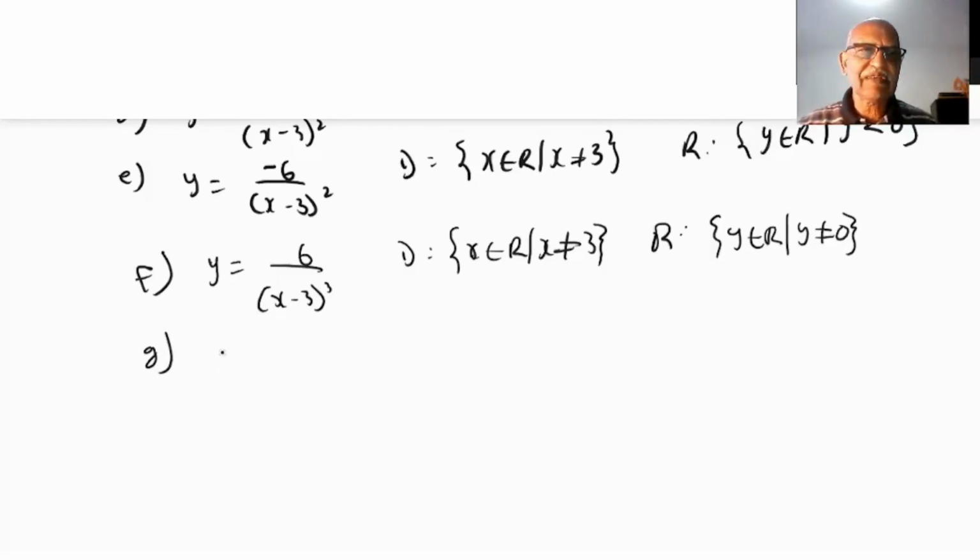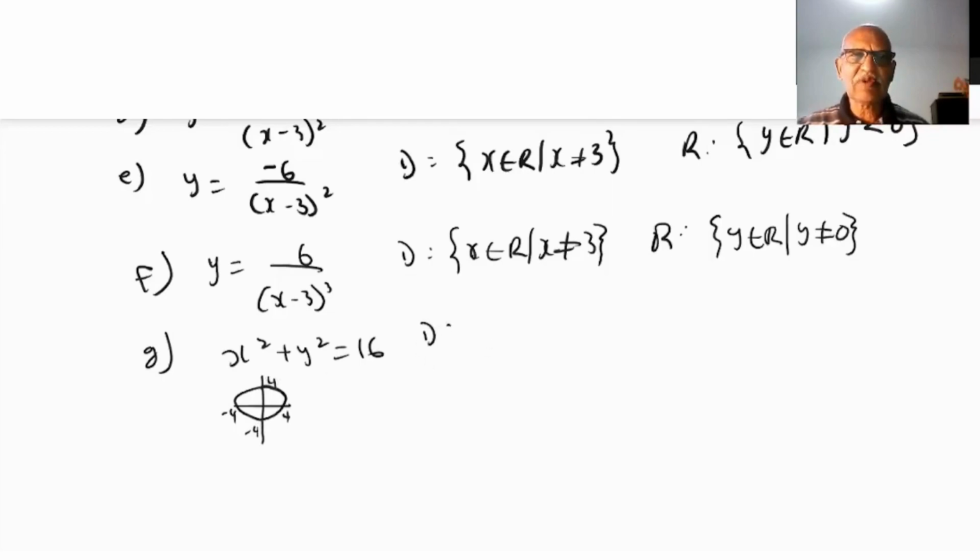Okay, so if I have x squared plus y squared equals 16, we know this is an equation of a circle, x squared plus y squared equals r squared. R is 4, because 4 squared is 16. Therefore, my domain will be from negative 4 to 4.